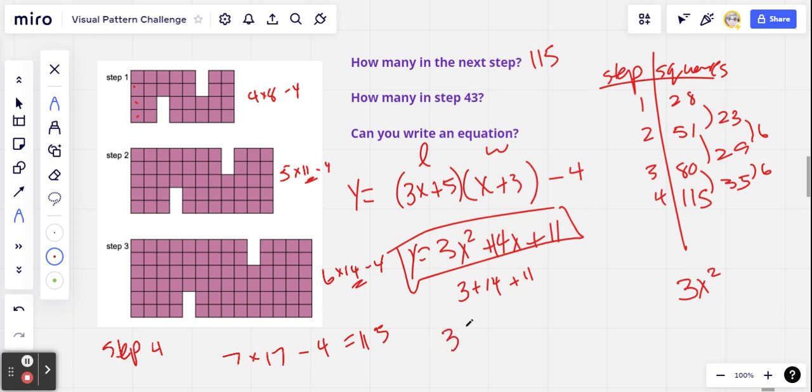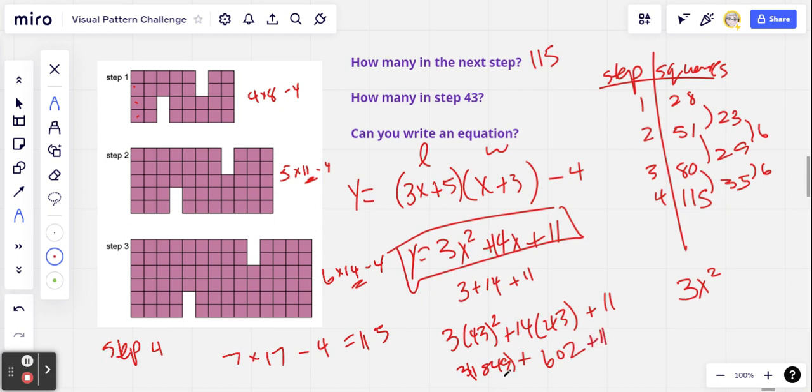Now, to get the number in step 43, we've got to plug 43 in here. So this is going to be 3 times 43 squared plus 14 times 43 plus 11. Oh my goodness. So 3 times 1849. And let's see, what's 14 times 43? That'd be 430, and then another 172. Is that 602? And then plus 11.